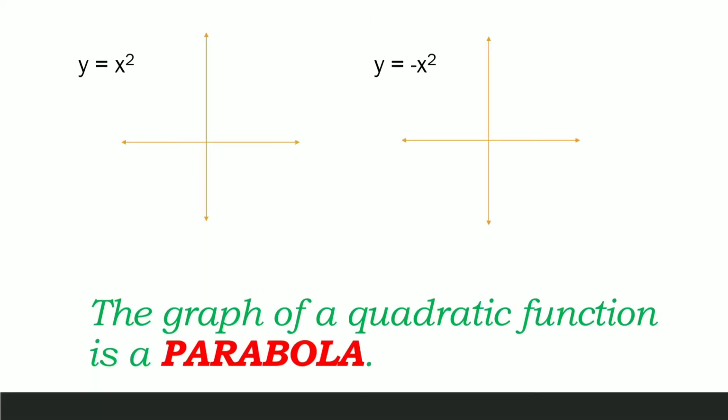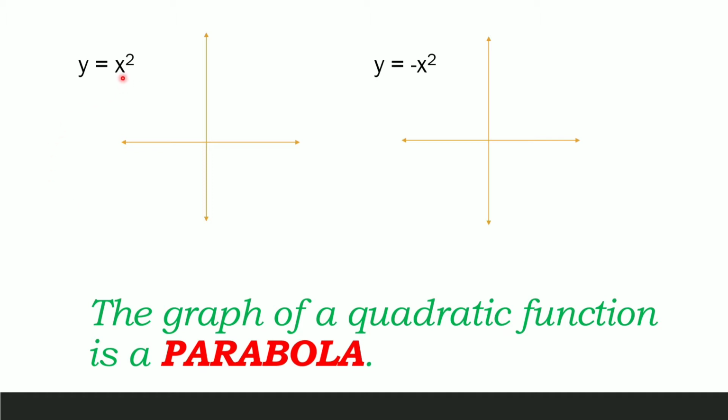Okay, so let us recall ano ba yung itsura ng y equals x squared na function or what is its graph, and also corresponding to that is another one related to that, y equals negative x squared. So we can see here that the graph of a quadratic function is a parabola. So paano nga ulit malalaman ng quadratic function? Naka-square yung x.